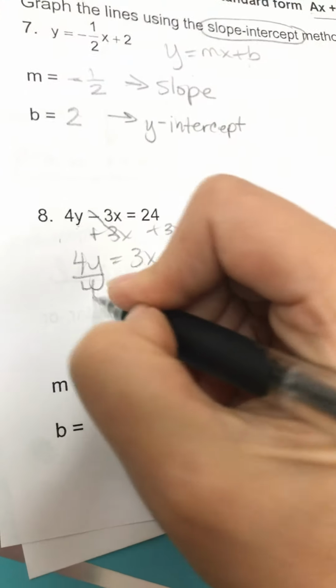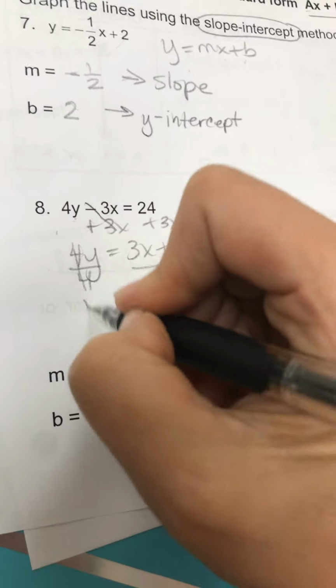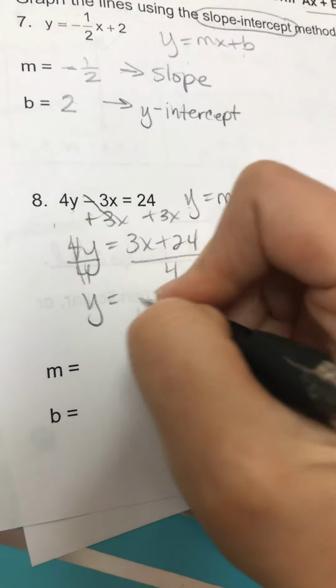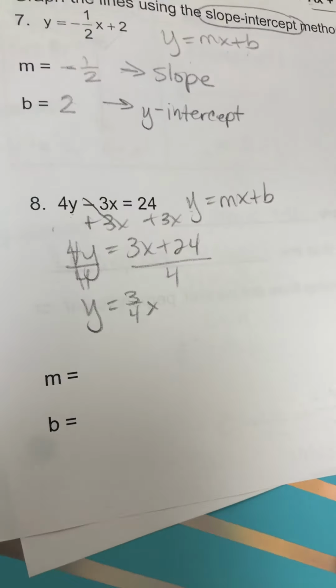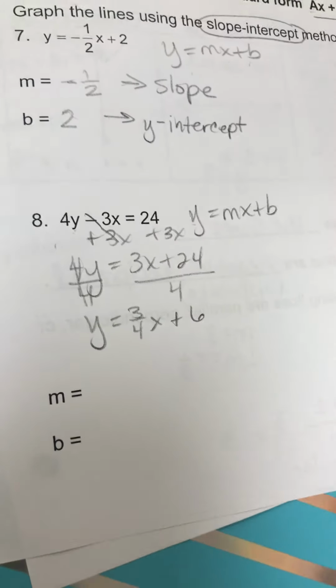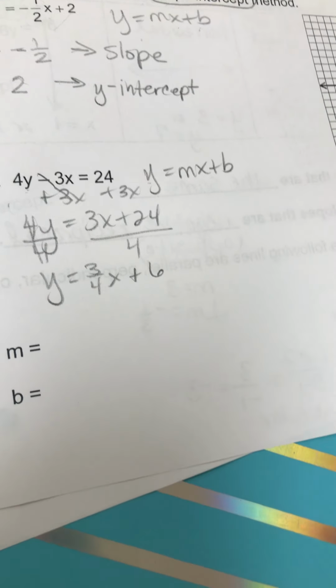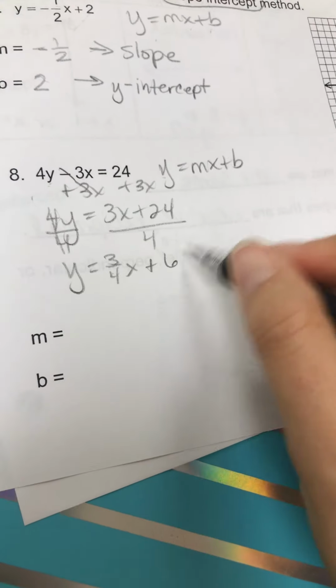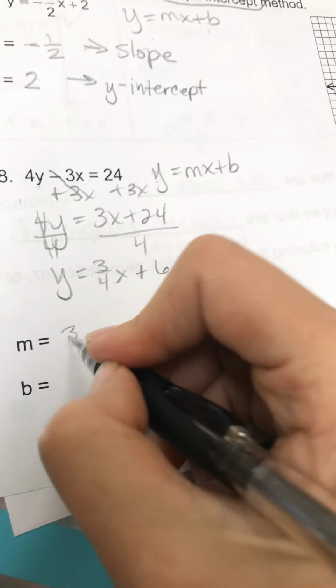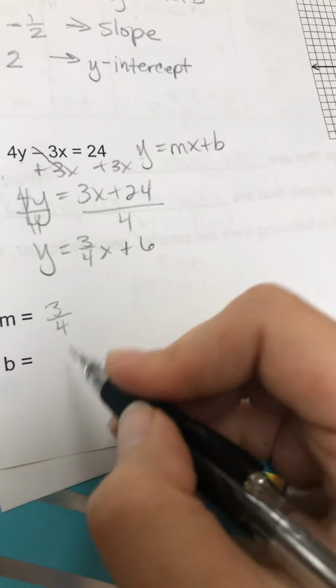Now you're going to divide both sides by 4. And you're going to get y is equal to 3/4 x plus 6. So now it's in the right form. Your m is 3/4 and your b is 6.